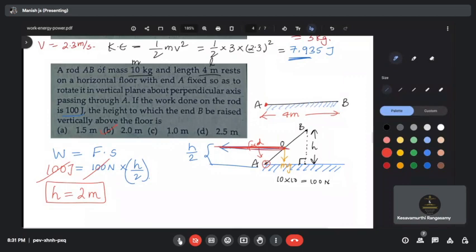That is why I am taking h upon 2 and not h. Because the center of mass of the rod is at a height of h by 2 with respect to the horizontal surface or the ground level, that's the reason displacement is h by 2. That's the only part that you will have to be careful about.